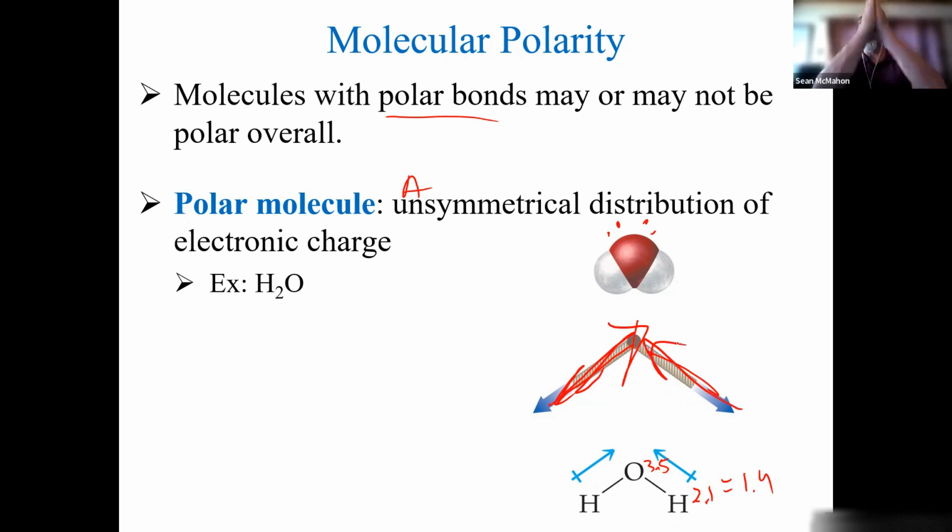In fact, if you ever take vectors and do head to tail for your vectors and add them up, it creates an overall dipole that's going towards this oxygen. So because this lacks symmetry, why does this lack symmetry? There's 4 groups and they're not all the same. 2 are hydrogen, but 2 are lone pairs. So this has polar bonds and is a polar molecule because it lacks symmetry.